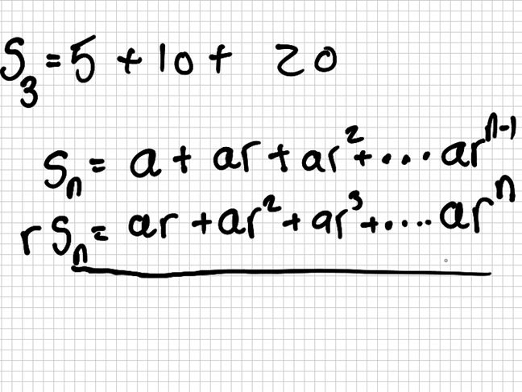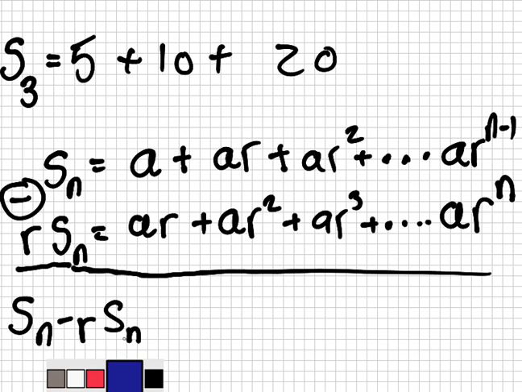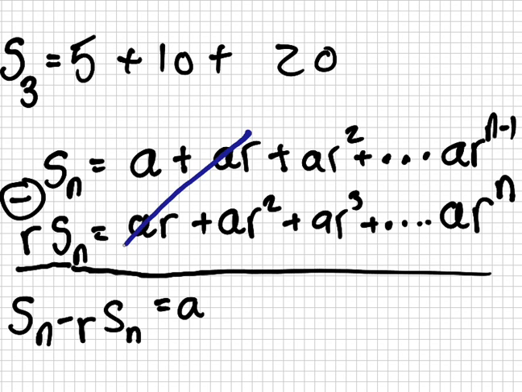I do a minus here. So I have Sn minus Sn. Now notice what happens. A just stays as A. That's fine. But you have AR minus AR, so they cancel each other.